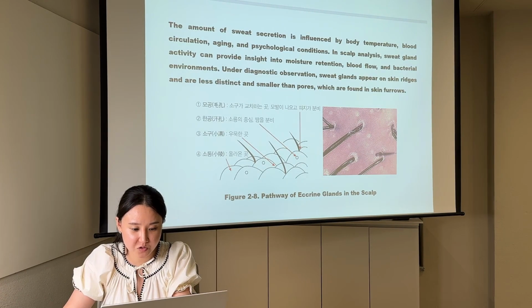A pore refers to the place where the sebaceous gland, which produces sebum and hair, is secreted at the intersection of the skin ridges, while a sweat duct is the center of the skin ridge where sweat is secreted. The depressed area is called a skin ridge, and the raised area is called a sweat duct opening. As shown in figure 2 to 8, this is the pathway of the sweat gland duct in the scalp.